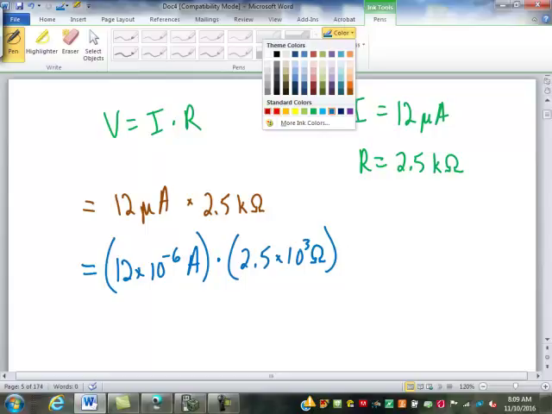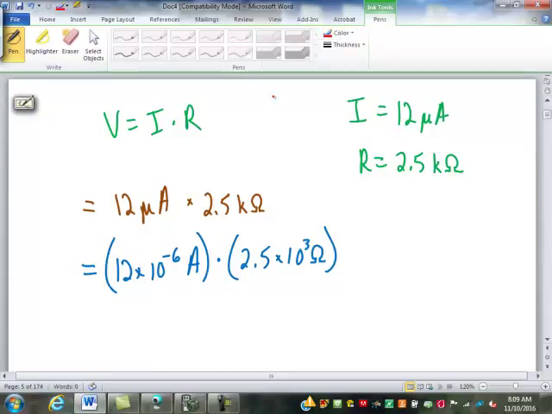So now we do 12 times 2.5, which is 30. 10 to the negative 6 times 10 to the third is 10 to the negative 3: negative 6 plus 3. Now this part you guys wouldn't know, and I wouldn't expect you to know at least: amps times ohms is a volt.